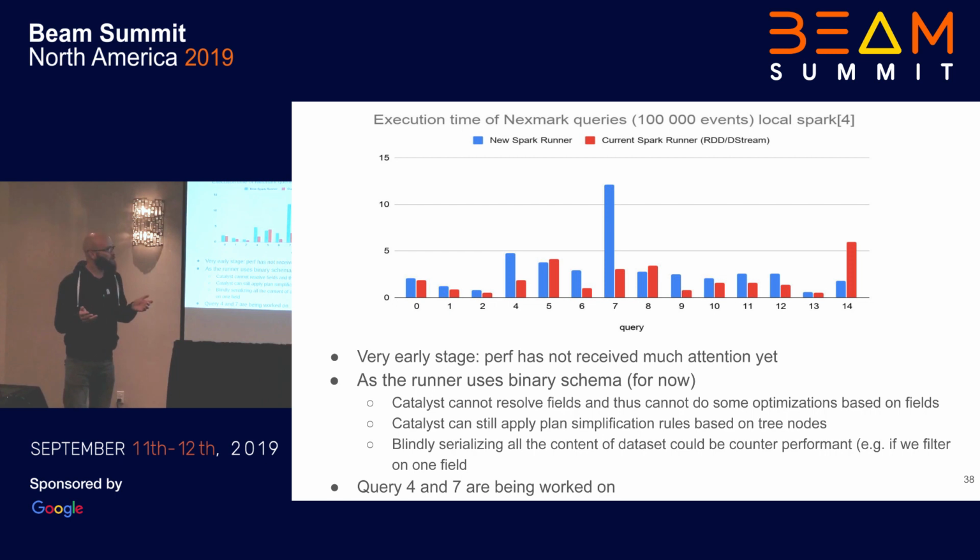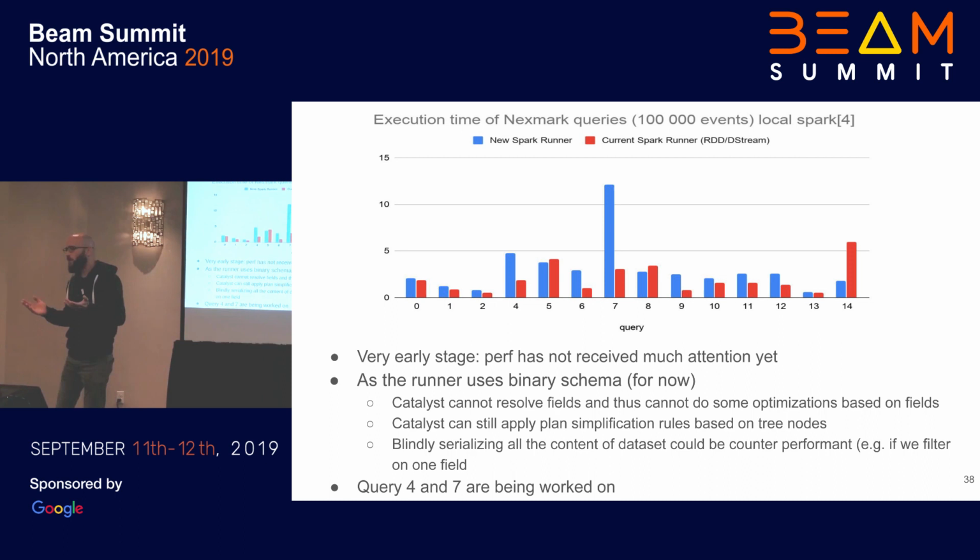So all in all, what we can say is that the new runner is basically 10% slower than the current one. There are some points where it's more performant, like query number 5 or query number 14. And there are places where it's way less performant, like query number 4 and query number 7 that we are working on.